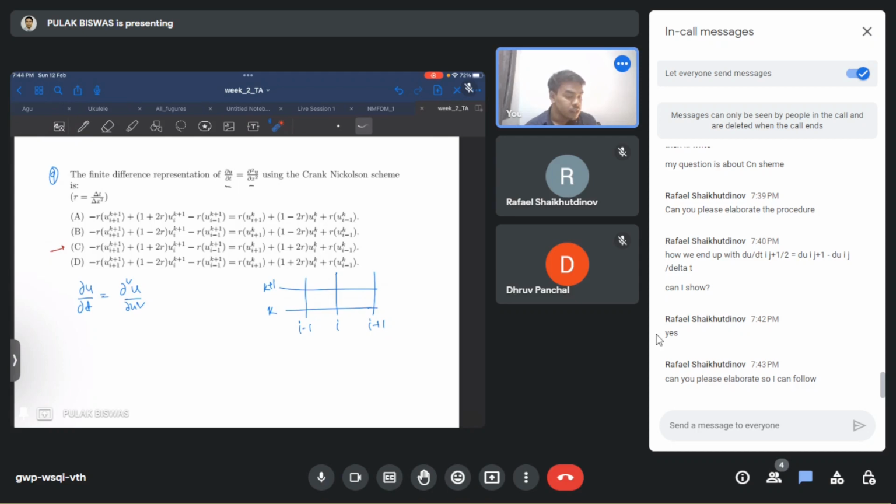But in Crank-Nicolson, for the spatial derivative, I guess, you are using.